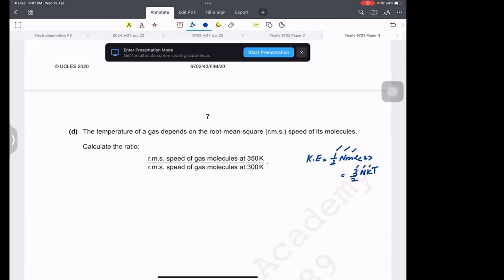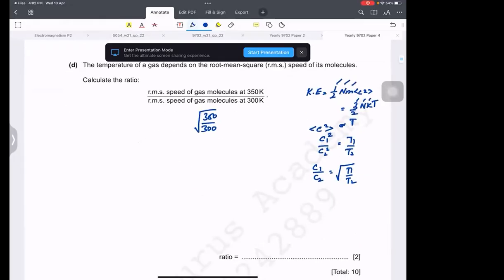So c square is basically proportional to T. So we could write c1 square over c2 square equals to T1 over T2. So c1 over c2 is equal to under root T1 over T2. Okay. What you do then? 350 divided by 300 under root. So easy. Yes. What you get? 1.1.